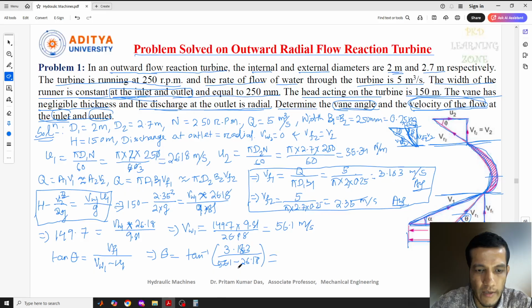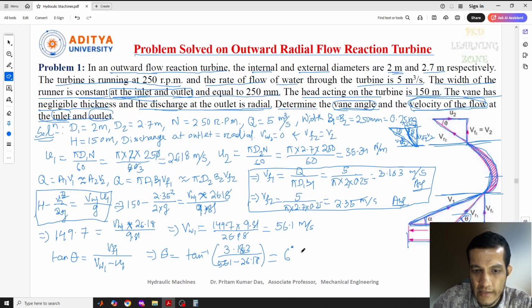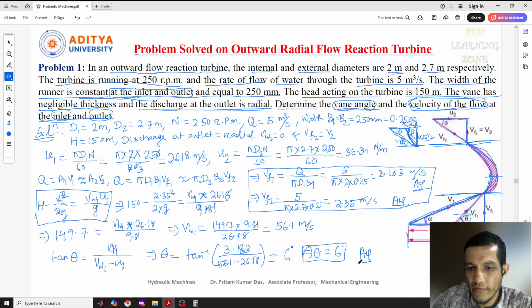So this is 3.183 divided by (56.1 minus 26.18), and then tan inverse. We got here 6 degree. So the answer is 6 degree: the vane angle is 6 degree. This is our first answer.